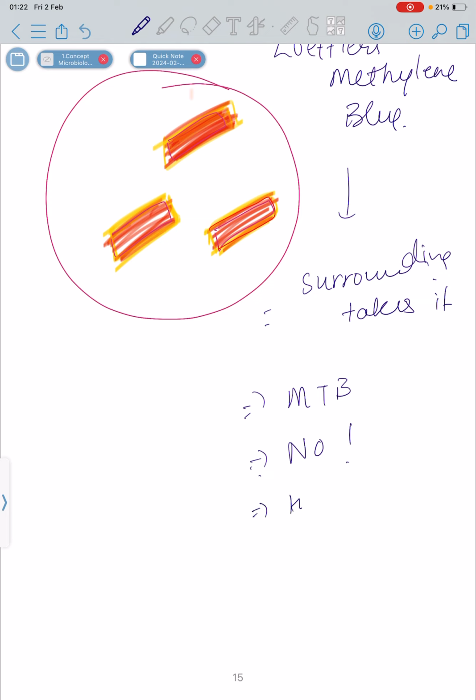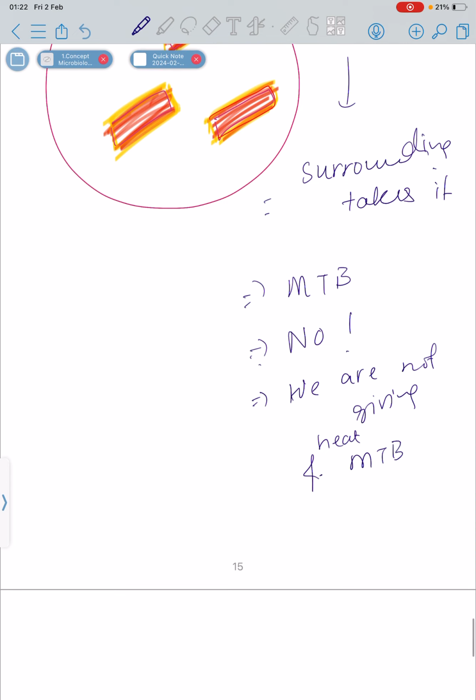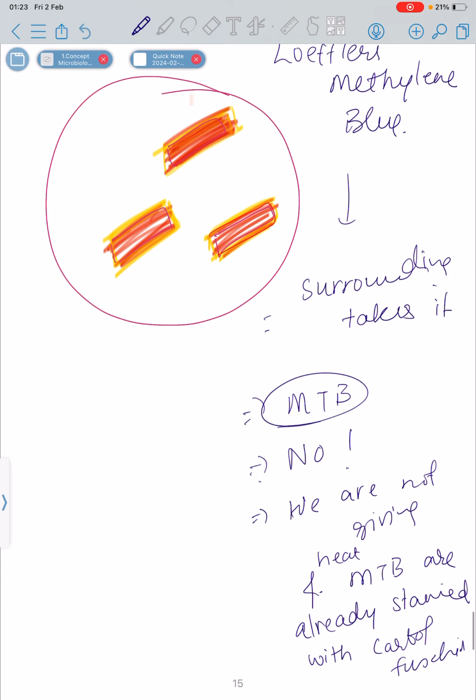We are not giving heat. And MTB are already stained with carbol fuchsin. Since the Mycobacterium tuberculosis did not get decolorized earlier, it won't get stained by another stain.